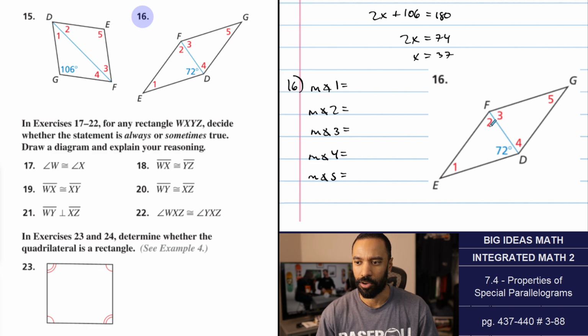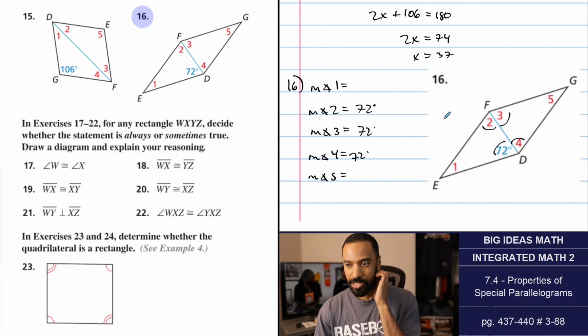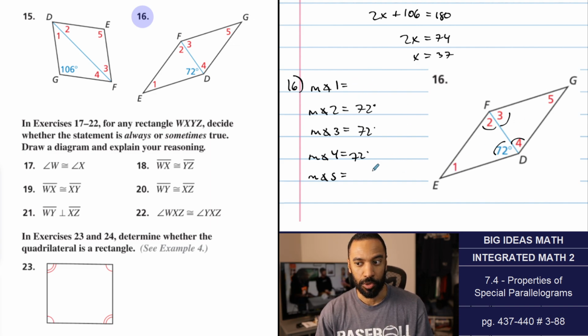2, 3, and 4 are all going to be congruent to each other with the 72. So they're all going to have the same angle measure here, 72. Now, this is the same form as the other one. You have 2 options to get 1 and 5, which, by the way, will be the same, right? Whatever 1 is, 5 is. If this is 72, you can start saying, hey, these all add to 180, right?